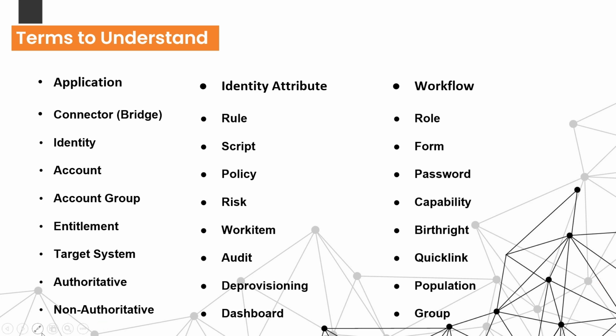All right. Next we have the authoritative application. What is an authoritative application? Authoritative application means the system of records, whichever application is the source of truth. An HRMS application, human resource management system, where you have all your user details hosted.